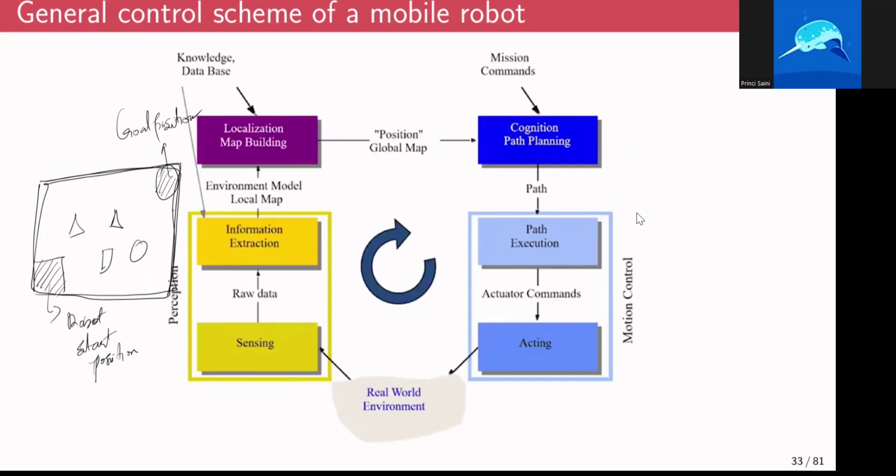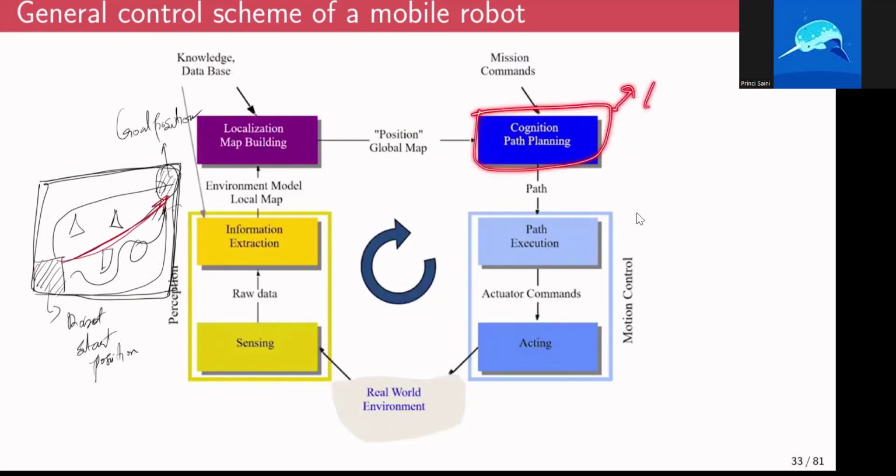Then using some graph construction method and graph search method, out of all the possible paths, it will fix an optimal path where it can reach from the start position to the goal position. That aspect is taken care of by this block.